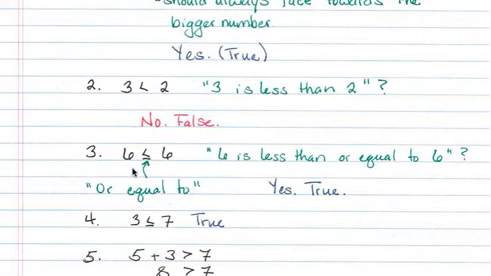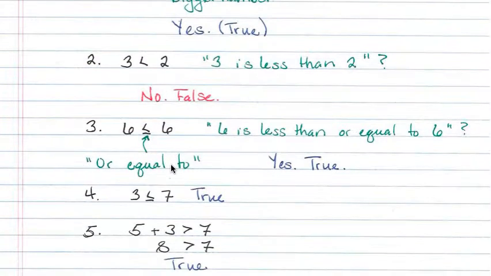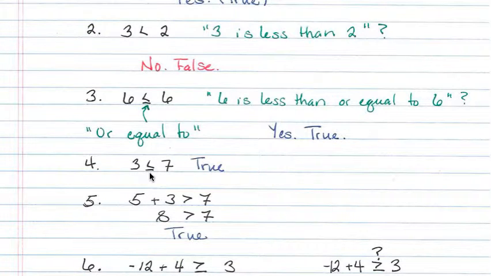This says that it can be either a smaller number on this side, or it could be the same number. And in both those cases, this would be a true statement. So let's look at this next one, number 4. 3 is less than or equal to 7. True. It's not equal to 7, but it is less than 7, and that is what is indicated by this symbol. So that one is true.